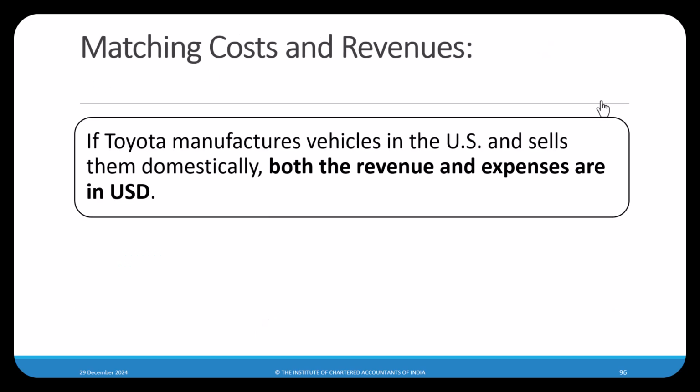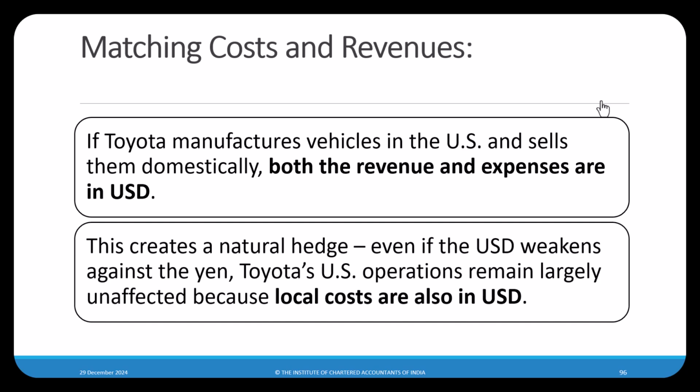If Toyota manufactures vehicles in the US and sells them domestically, both revenue and expenses are in USD. This creates a natural hedge even if the USD weakens against the yen. Toyota's US operations remain largely unaffected because the local costs are also in dollars.